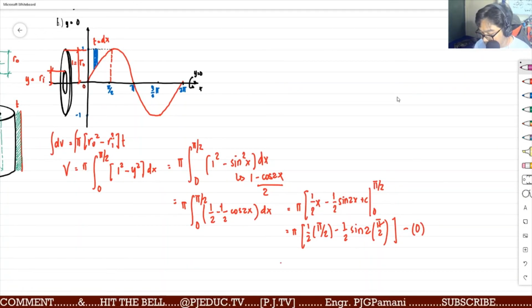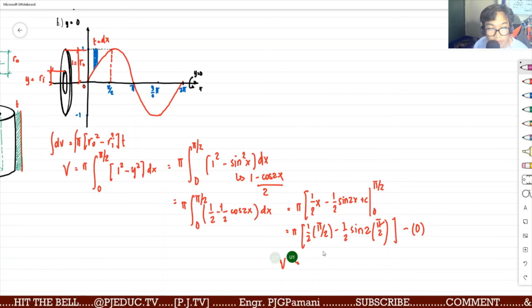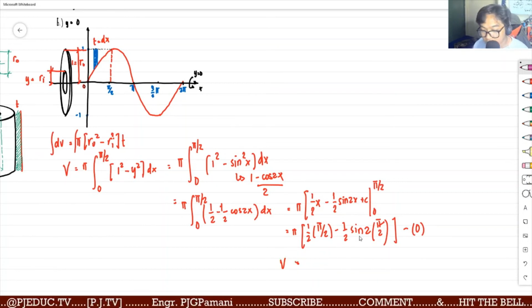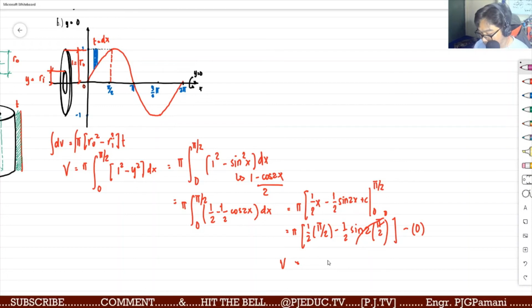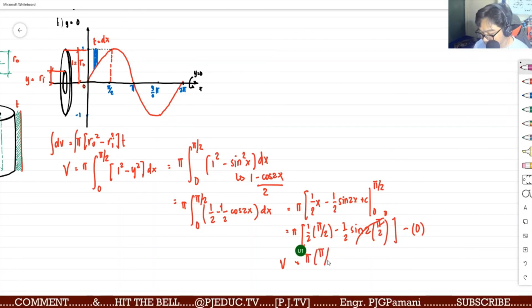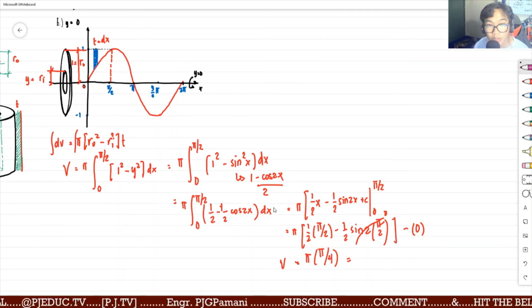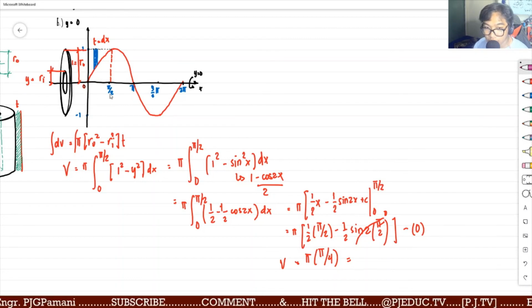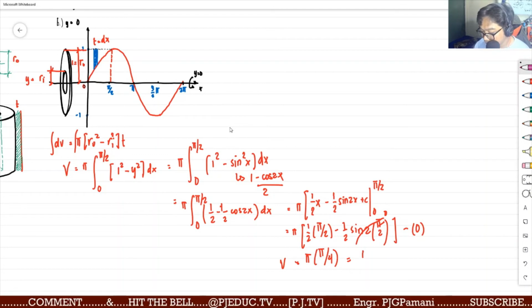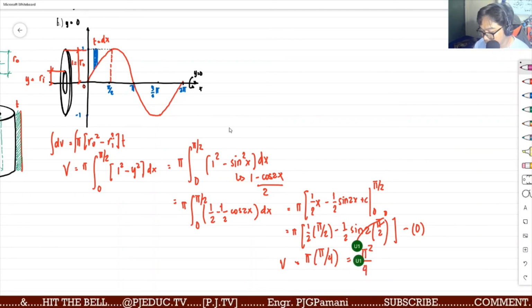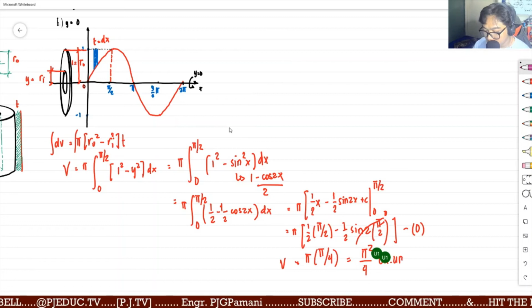And yeah, 1/2 times pi over 2. Sine pi, that is sine of 180 degrees, is also 0. So, basically, our answer now is what? Pi times pi over 4. Or volume at which the first arc from 0 to pi over 2 revolving at y equal to 0 is simply pi squared over 4 cubic units.